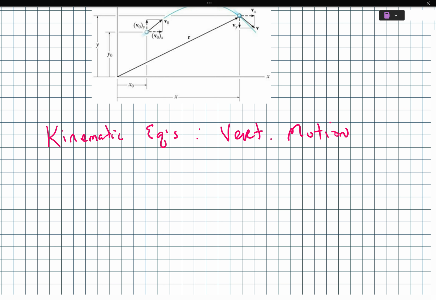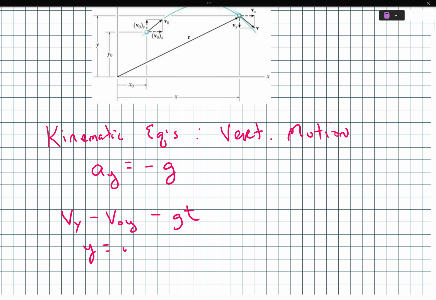Since the positive y-axis is directed upward, a sub y is equal to negative g. So application of the constant acceleration equations yields v_y equals v_oy minus g t.